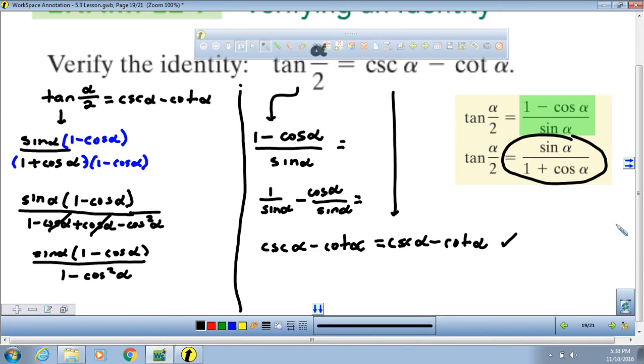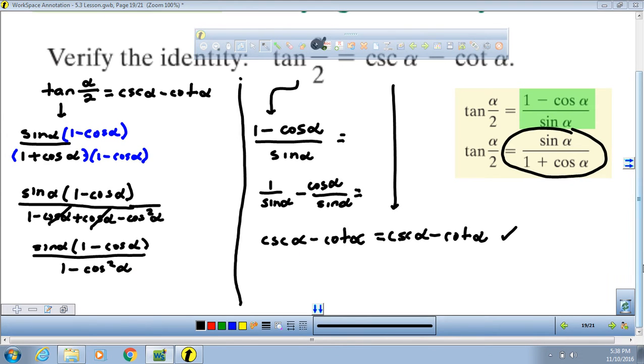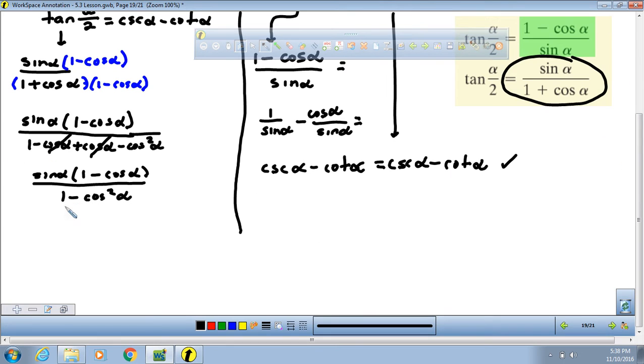But wait a minute, once again we ended up with another definition. 1 minus cosine square of alpha is the same thing as sine square of alpha. So that is going to give you sine of alpha times 1 minus cosine of alpha over sine square of alpha. What can we do?